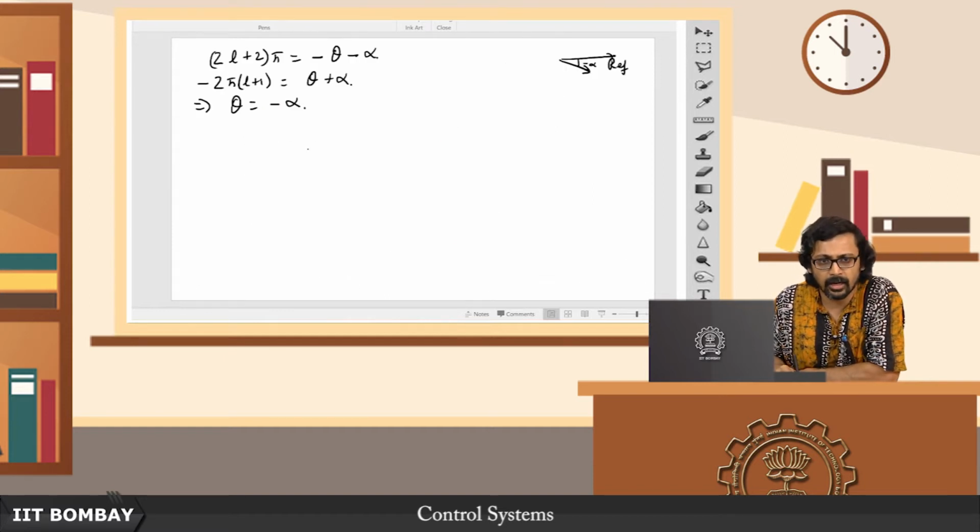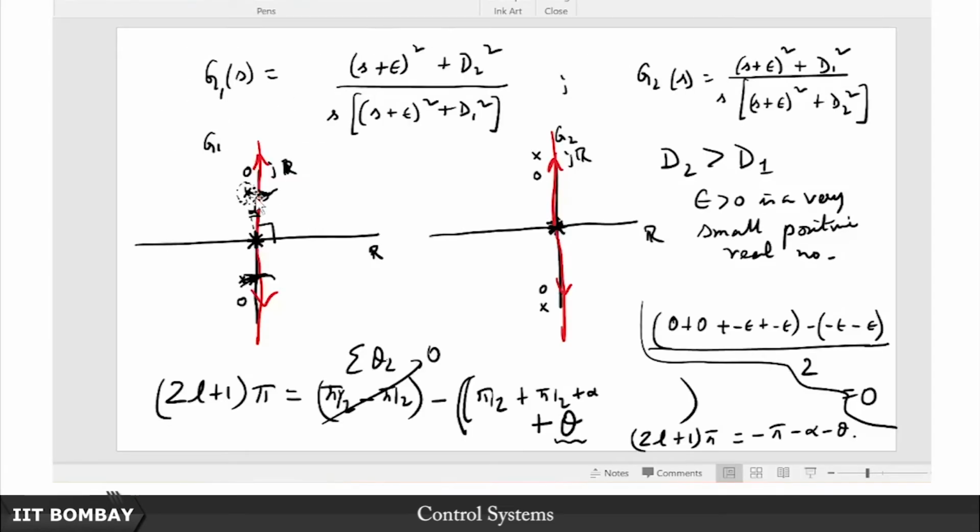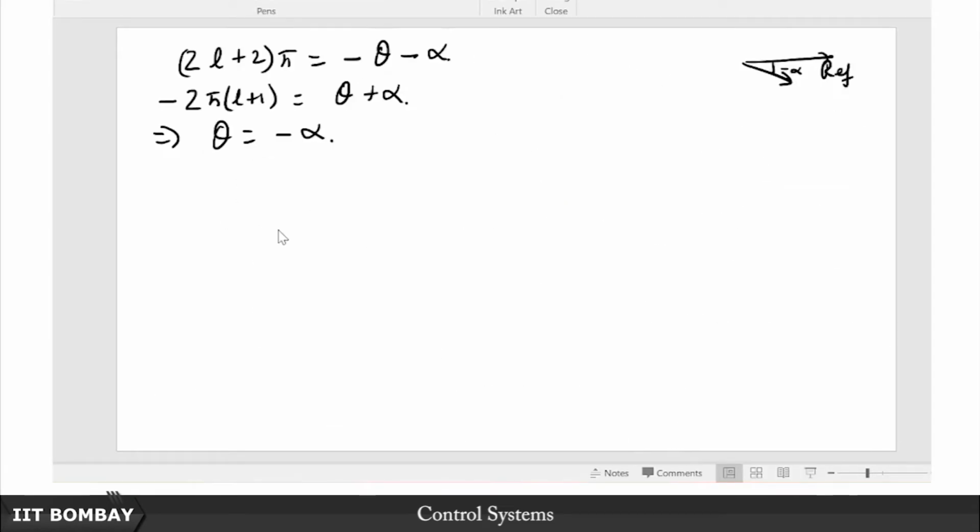So for the arrival angle at the 0, we have the angle contribution from this pole, which is pi by 2.